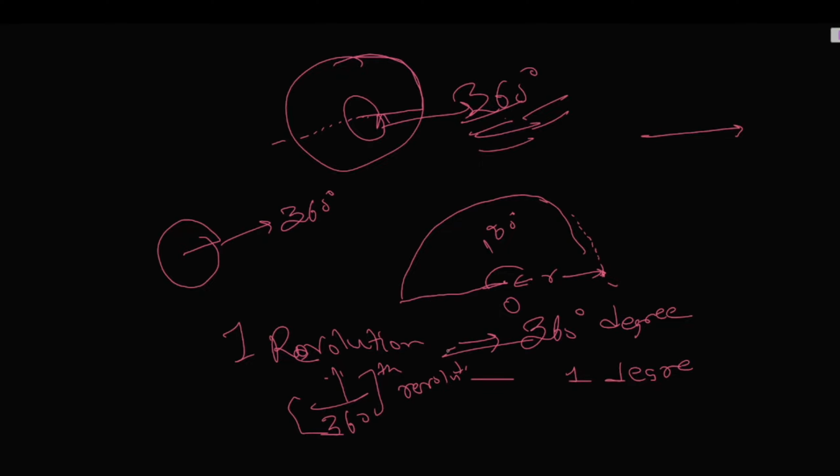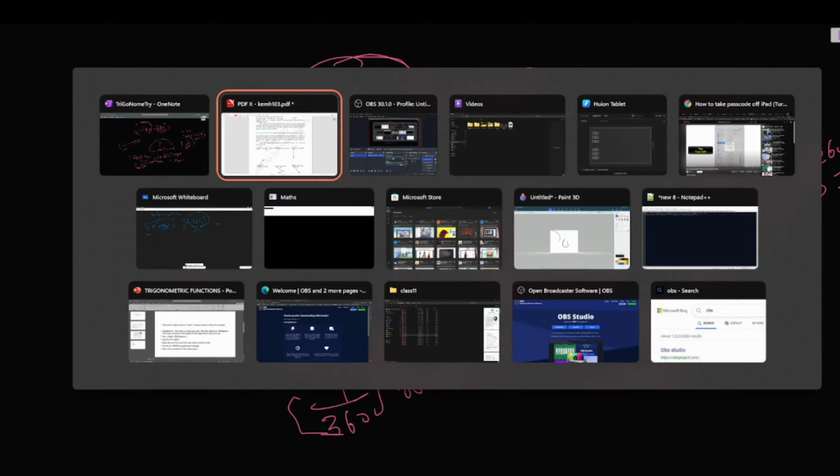So basically 1 revolution corresponds to 360 degree. If I divide both sides by 360, that means 1/360th of a revolution would correspond to 1 degree, right? So that is what it is trying to tell you here as well. And then it is further divided into minutes and seconds.